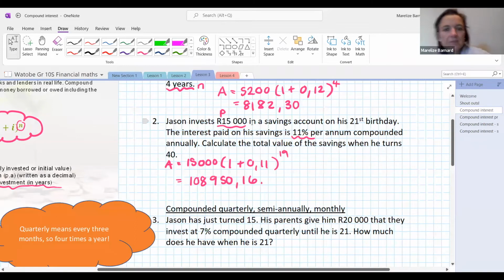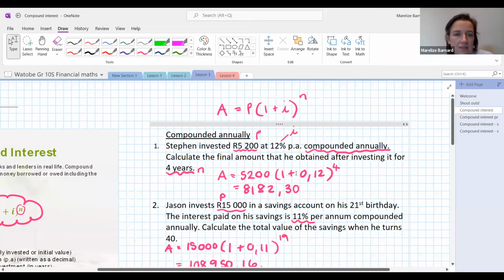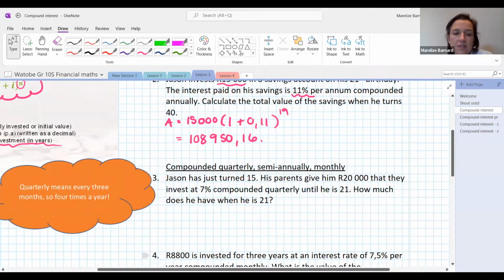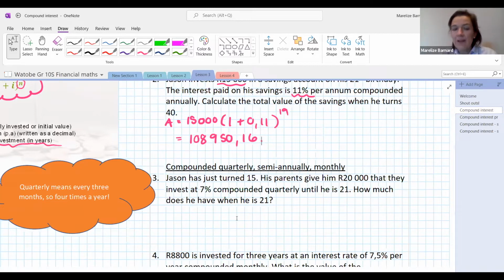Okay. Now that's when you are getting interest annually. When you are getting interest at a different time period, that can also happen. Annually means once a year. But you can also sometimes get interest compounded quarterly, semi-annually, or monthly.